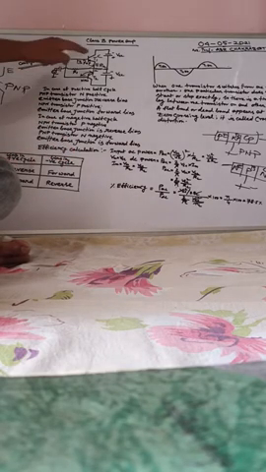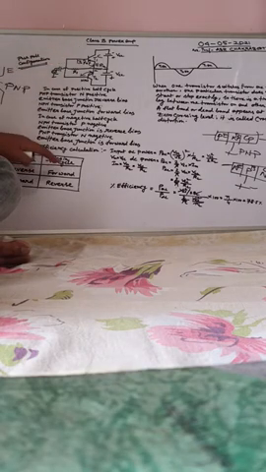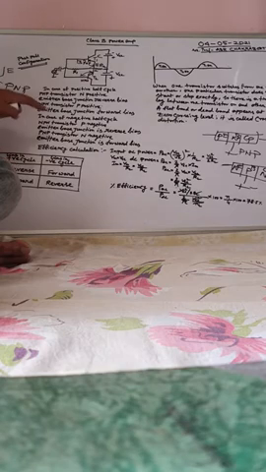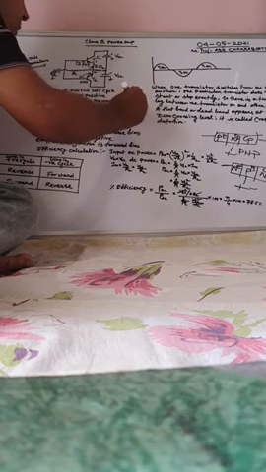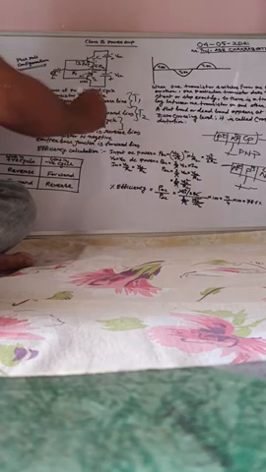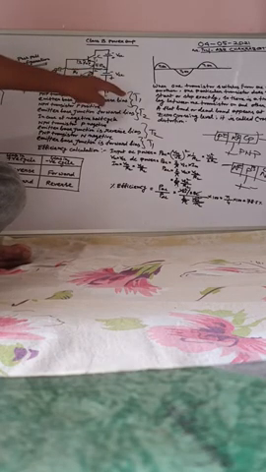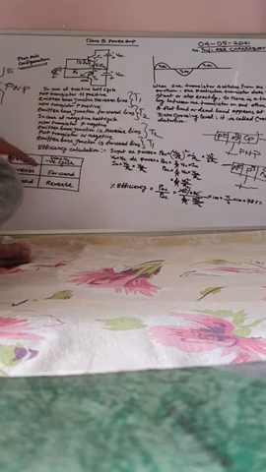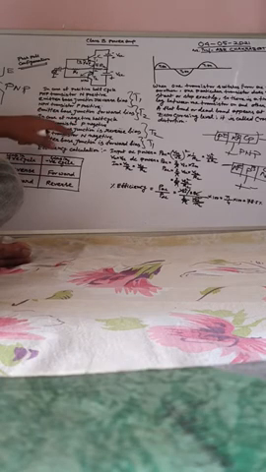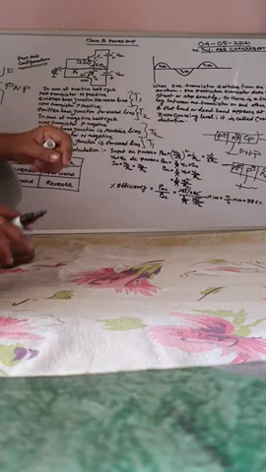T1 is the PNP transistor; in the positive half cycle, T1 is reverse biased, and in the negative half cycle, T1 is forward biased. In the positive half cycle, transistor T2 is forward biased, and in the negative half cycle, transistor T2 is reverse biased. So you have understood the biasing of the transistors.